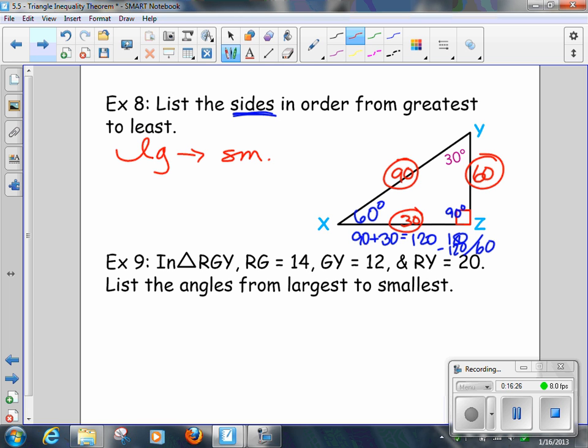Large to small, right? Greatest to least. What's your largest side? What kind of symbol? It's greater than. Alligator mouth is opening up to the XY, right? What's next? YZ. What's next? The only one left over, right? It is easy, isn't it?